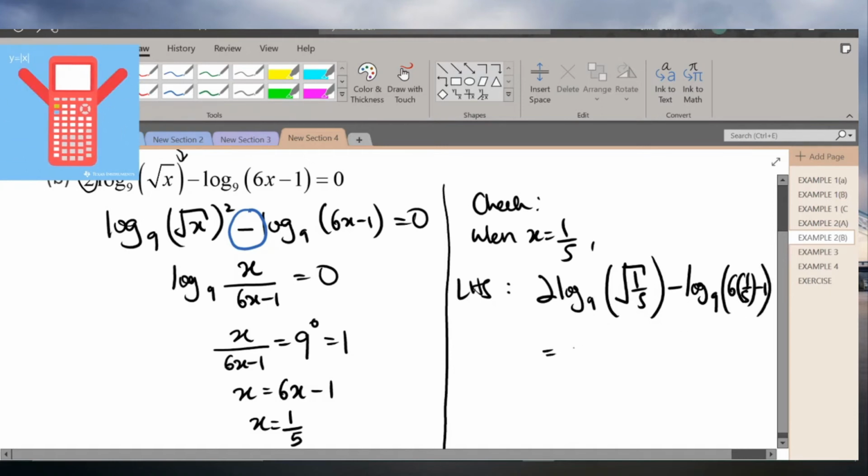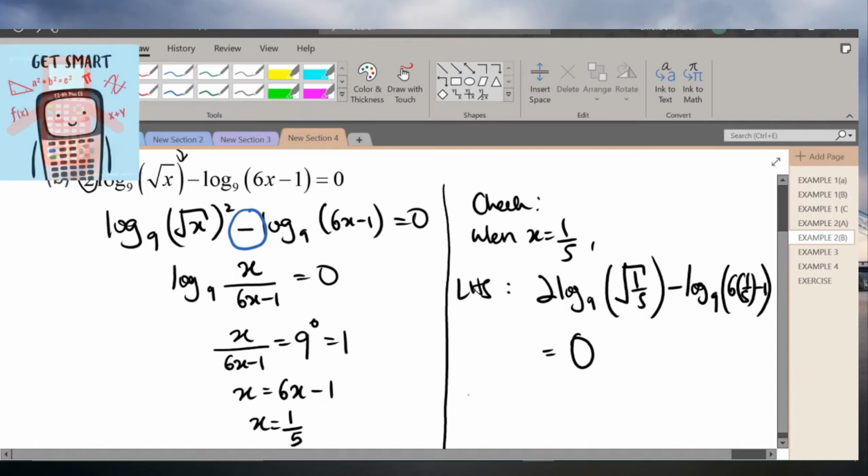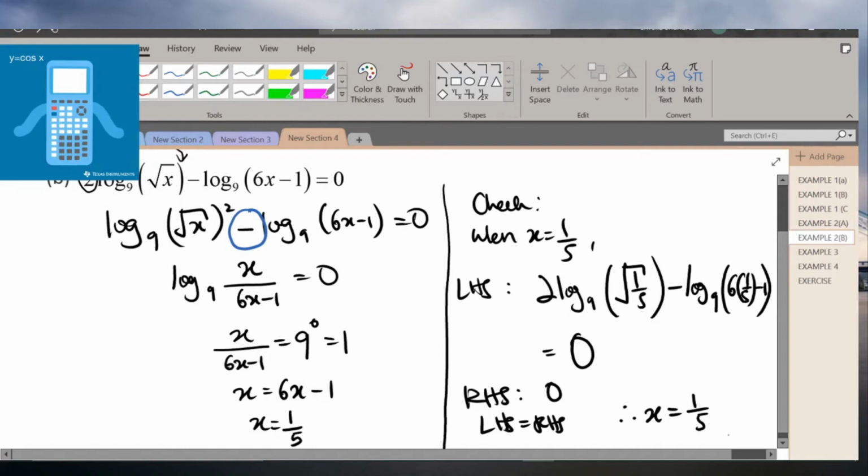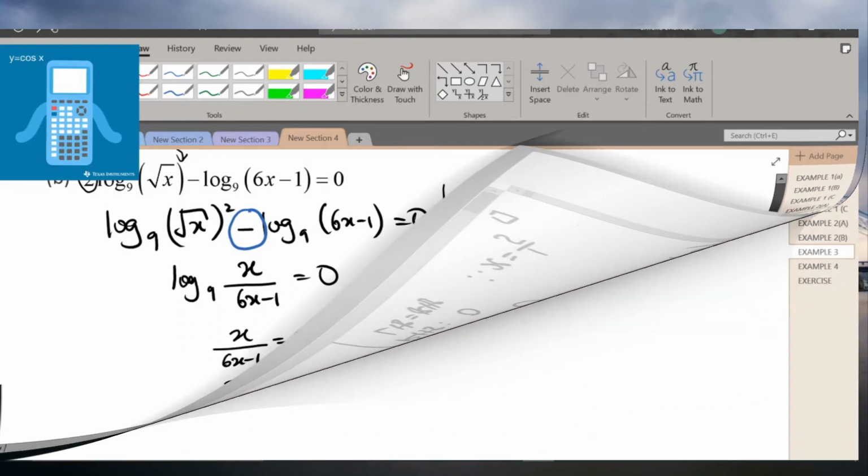And this will be 0. And the right hand side is 0. That means the left hand side is equals to the right hand side. And the conclusion is our answer is x is equals to 1 over 5.